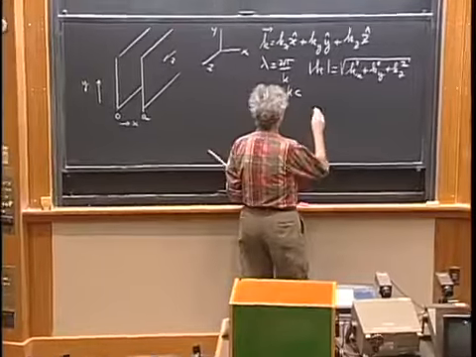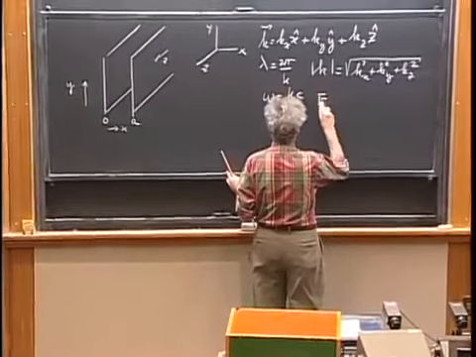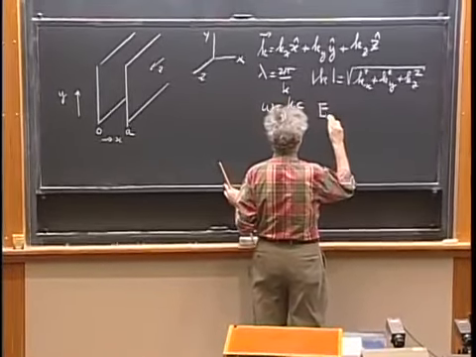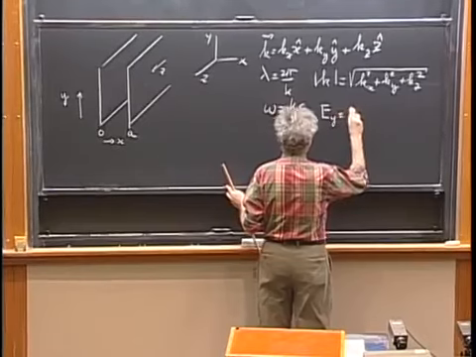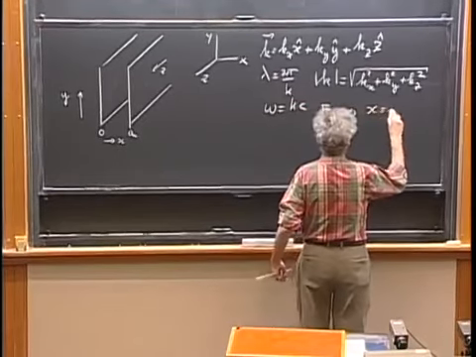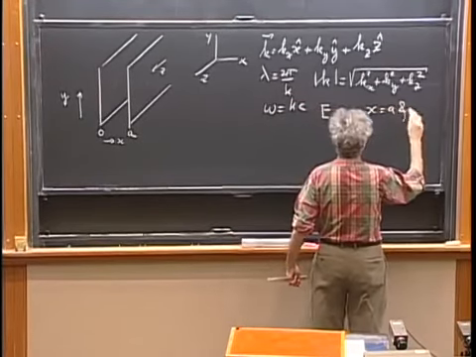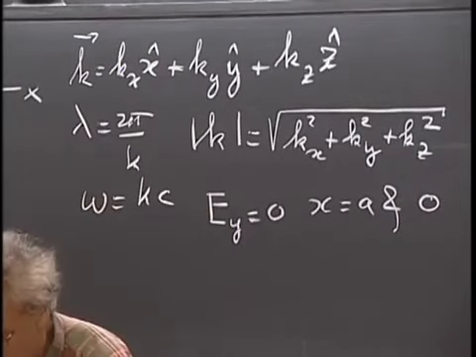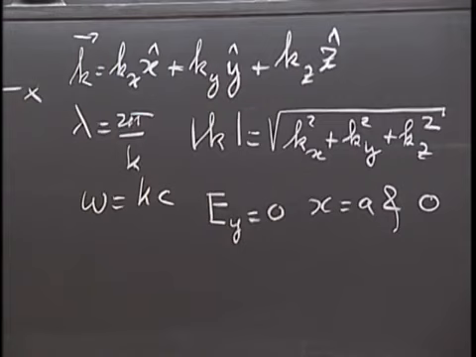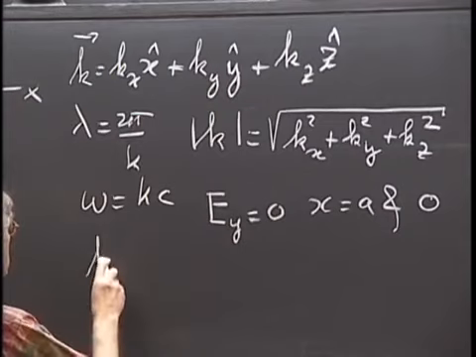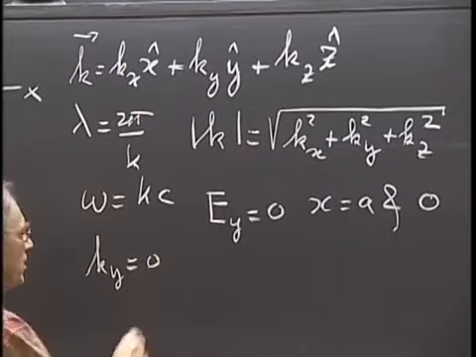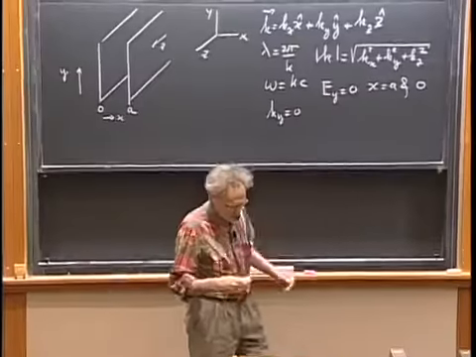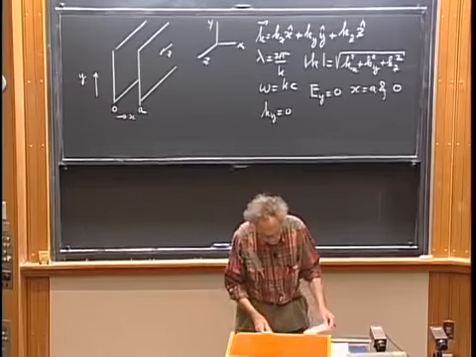And so for this case, whereby we only have radiation linearly polarized in the y direction, E of y must become 0 for x equals a and for x equals 0. Since there is no dependence of the E field in the y direction, K of y will be 0. And you will see that come back many times in this problem.